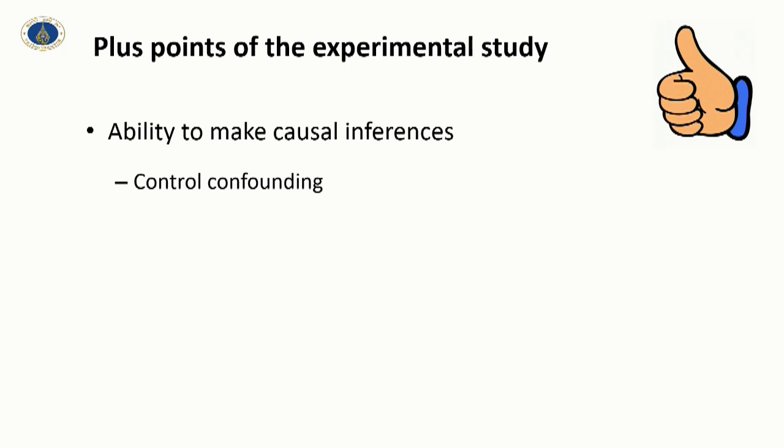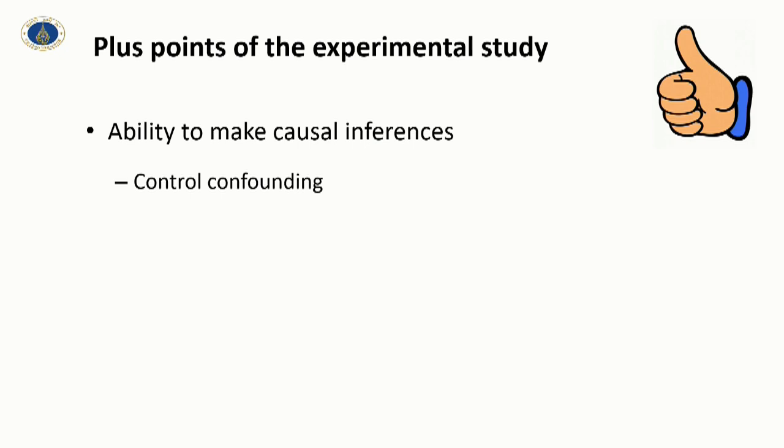For example, Thai people eat rice, but the US population probably eats more bread than rice. So in order to study rice, you probably want to generate an experimental design that is tailor-made to your interest and your population. So again, it's able to make the causal inference.